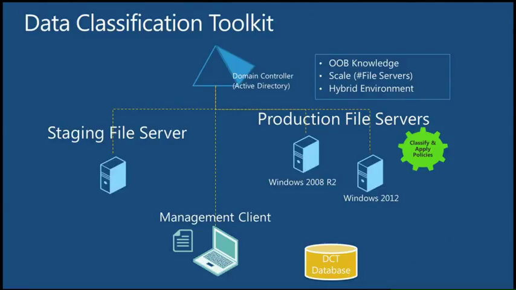But it goes further than that. It provides a whole bunch of other things. One thing, for example, is the question of how do I deploy this thing, right? Well, what we do is we take a management client and a staging file server.